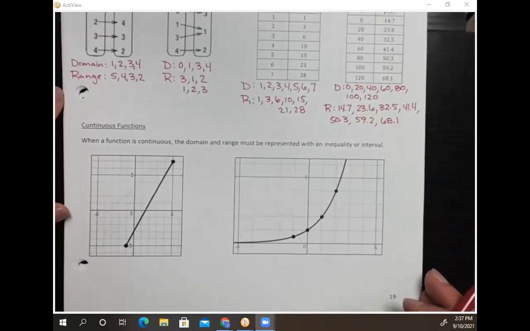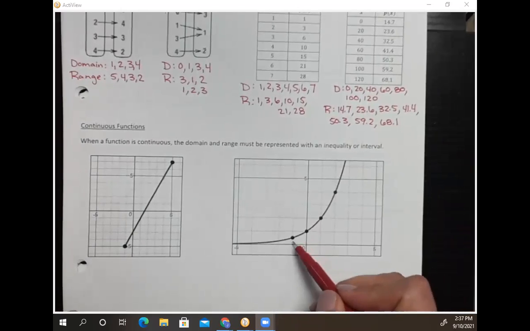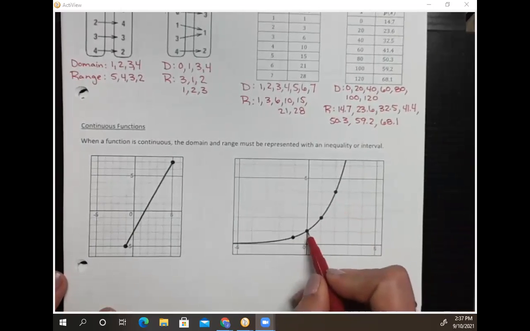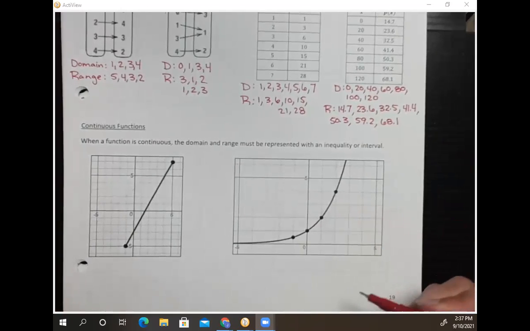Oftentimes what we get is something that's continuous. So remember when we talked about if I should connect points on a graph or not, we were asking, are these variables continuous? And that meant, do I have just the values described by the points here, or do I get the stuff in between? And when we look at a function, we're almost always getting that stuff in between.